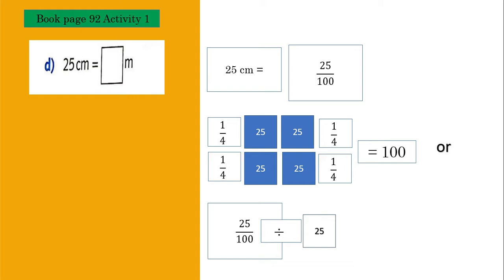This is the factor that we can divide 25 over 100 by. So 25 divided by 25, the answer is 1. And 100 divided by 25, the answer is 4. You can use whatever is easy for you, children. So the answer is 25 centimeters is equal to 1/4 meter.